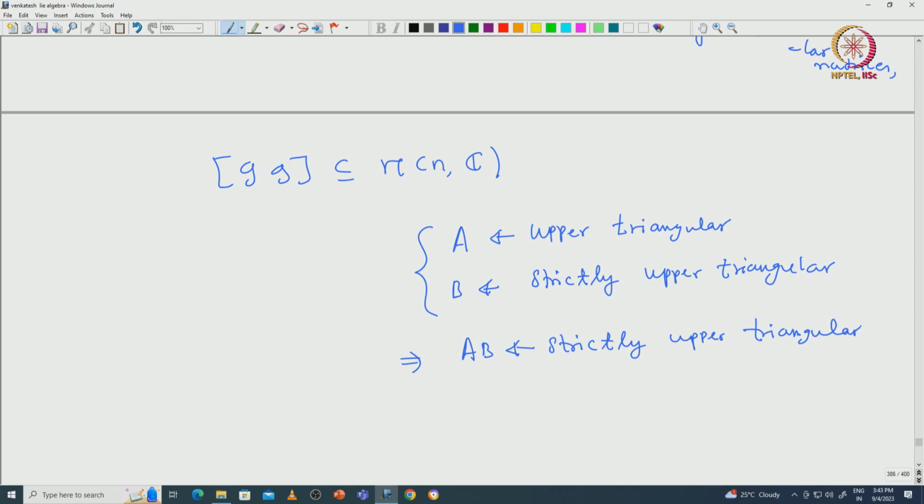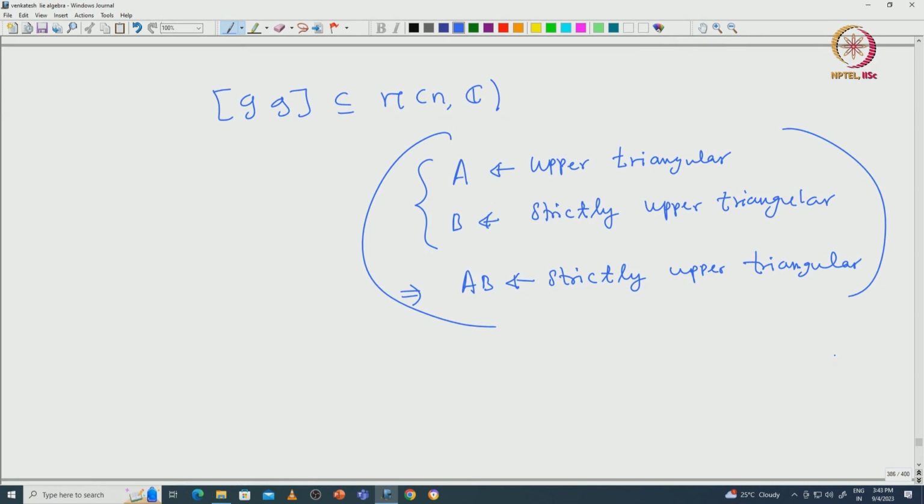So, now using this observation, you can see that if we take the trace of xy, where x is coming from G and y is coming from the derived algebra [G, G], which we call G dash, then the trace of xy must be 0.